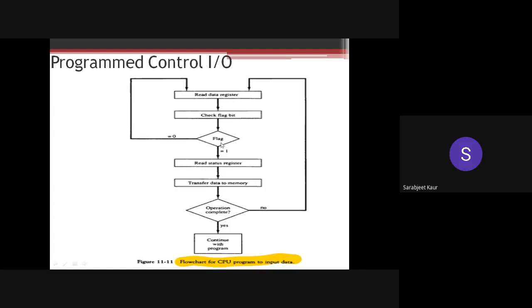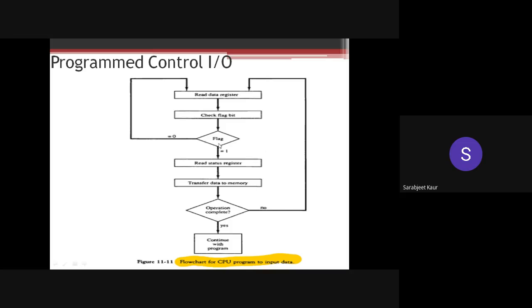Now, if the flag bit is 0, that means it is not set, that means the IO device is not yet ready for the transfer. It simply keeps on doing the same thing again and again. You can see that it is stuck in a loop, thus wasting its very precious time, and also at the same time bringing the throughput of the computer system down considerably.